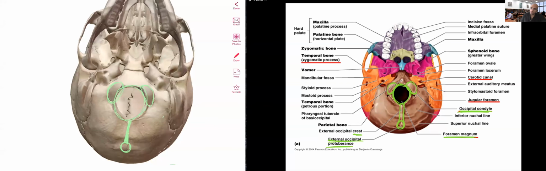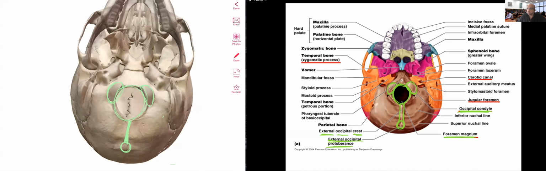It's on the outside because we have another one on the inside, so we call it external. And it's located in the occipital bone, so we call it occipital. So what do we call this ridge connecting the external occipital protuberance to the foramen magnum? We call it the external occipital crest.